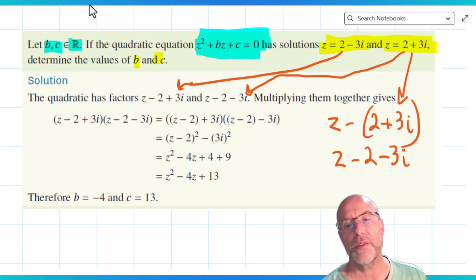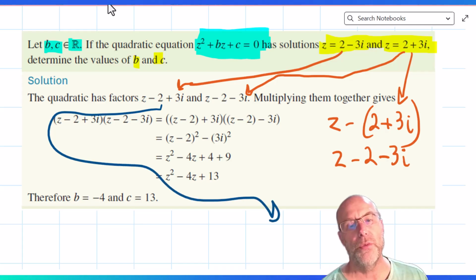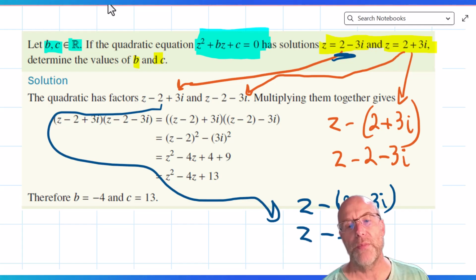Okay, so that's the factor there. Whereas this other one, if we have the factor z minus that root 2 minus 3i, we have z minus 2 minus a negative, which is plus 3i. So you can see z minus 2 plus 3i and z minus 2 minus 3i.